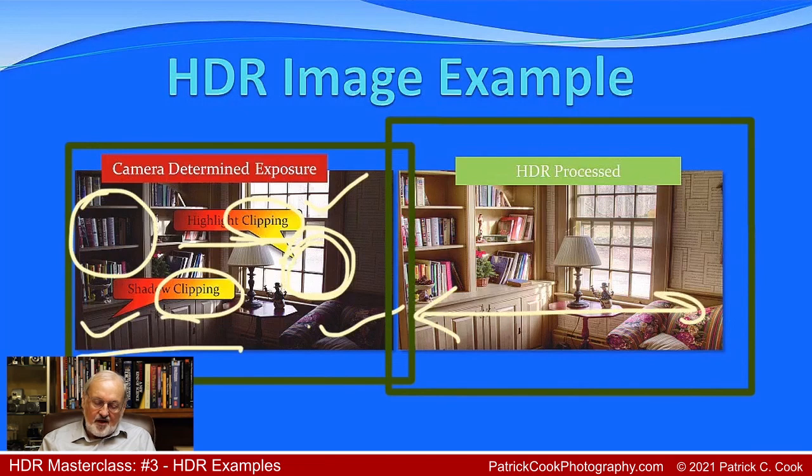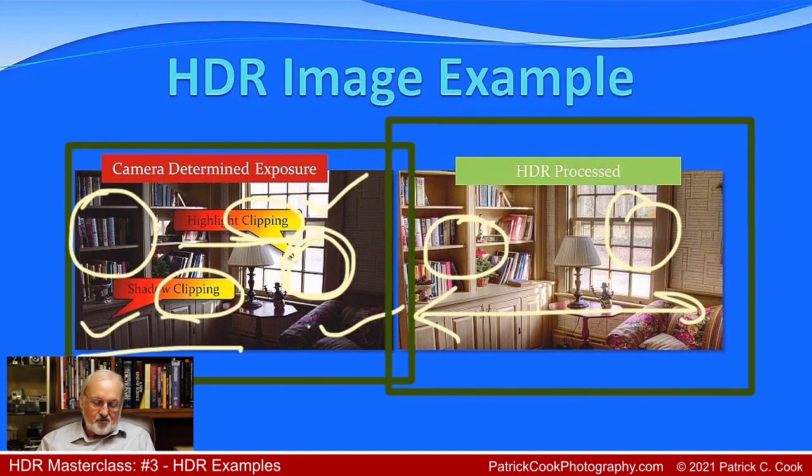So we don't have a clipping scenario in the window as we did on the left side, and we also don't have clipping issues in the darker areas. Basically, it's an evenly exposed final image, and that's the whole point of HDR.